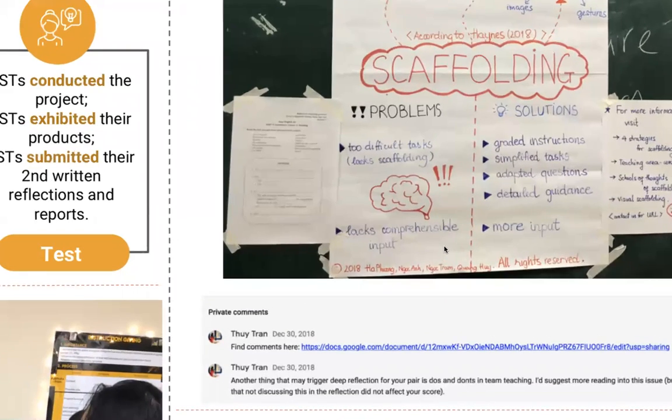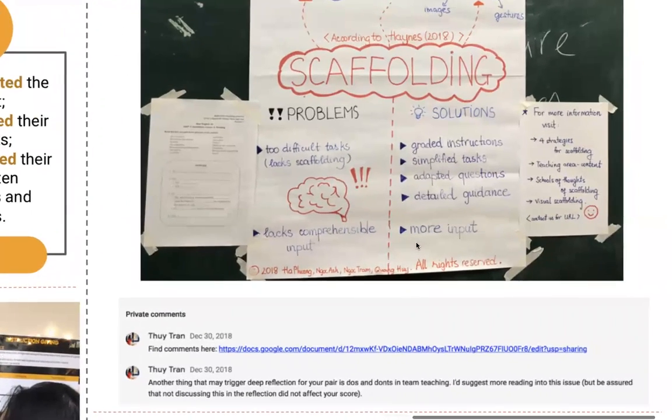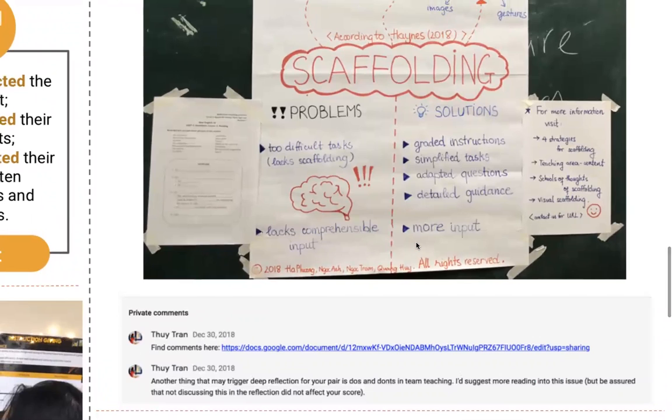So apart from the poster presentation, we have this kind of feedback between teachers and students as well. And the teacher also challenged the students with deeper reflection of the points that they are reflecting on.